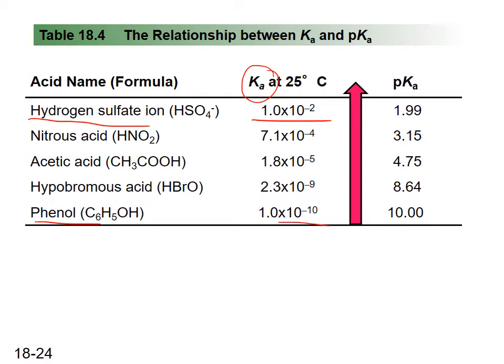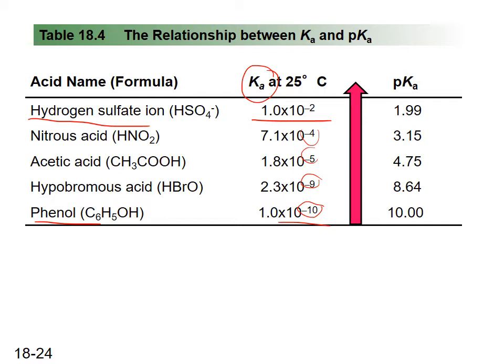Now if you compare the Ka of these acids, you will see they vary in a large range, 10 to the minus 10, 10 to the minus 2. So it's inconvenient to use these numbers.